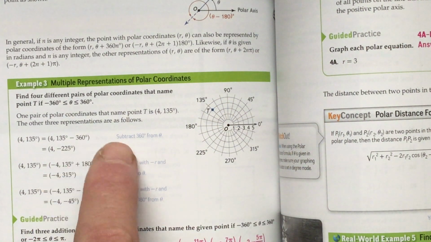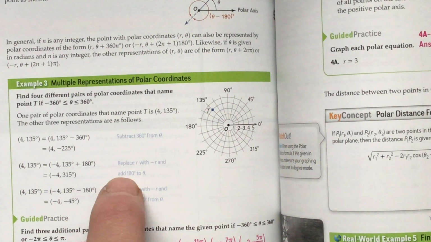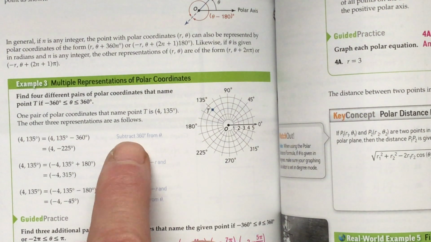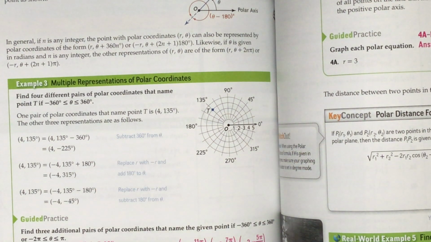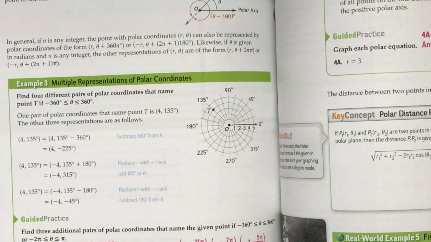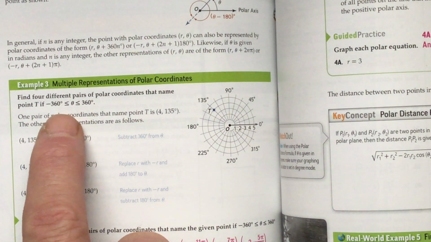You'll notice in this example, sometimes they add 180, sometimes they add 360 or subtract 360. Sometimes you will do that and then you will need to subtract 360 or add 360, add 2 pi, or subtract 2 pi to get the measure back within the range that it needs to be.